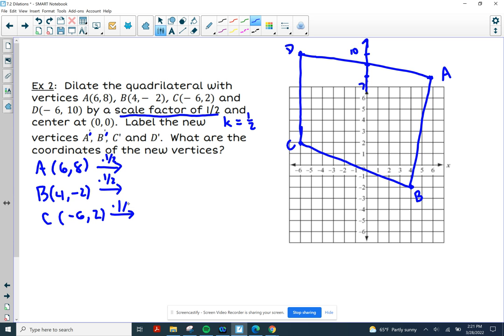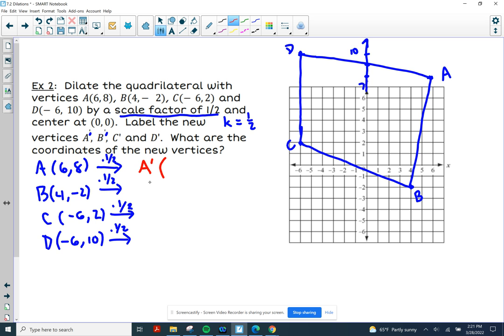We're going to multiply by a half. And finally, D is the point negative 6, 10. We're going to multiply both the x and the y coordinate by half. Because remember what we said up above in our notes, we multiply both the x coordinate and the y coordinate by our scale factor.